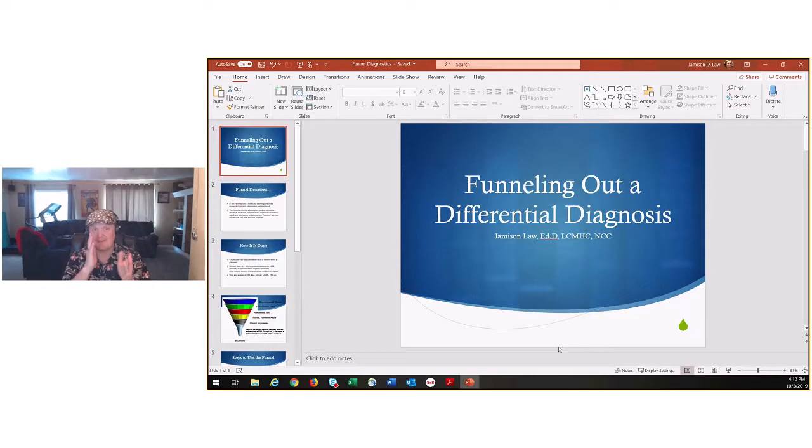Thus, the differences and the similarities in the diagnoses, we have to tease them out. So the funnel technique, that's what we call this, is a way to tease out the symptoms by using the diagnostic manual, which hopefully you guys all have. If you don't, you definitely will. And it's worth it. So let's move on down.